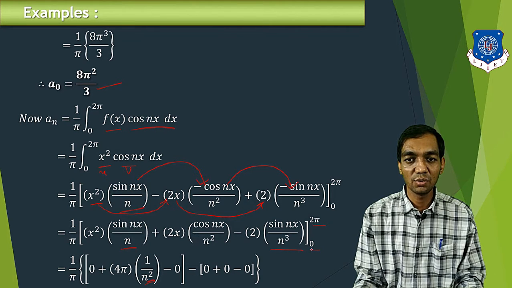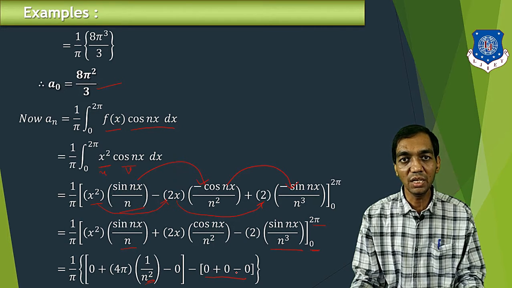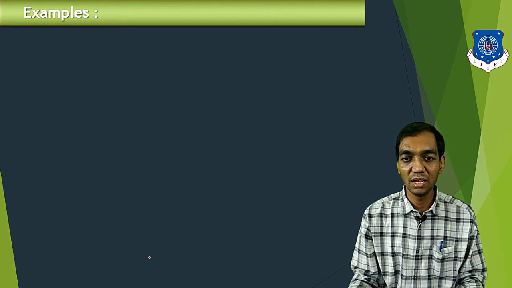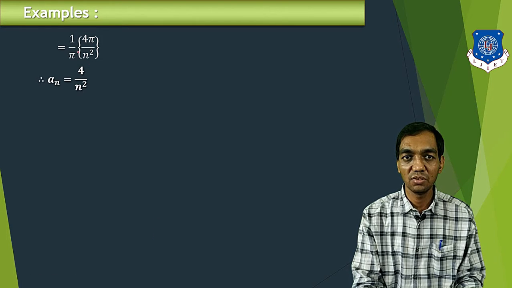And whenever you put x equal to 0, then this term is 0, this term is 0, because 0 into anything is 0, and sin 0 also has a value 0. So all the terms of the lower limit are going to be 0. So simplifying this one, you will have 1 upon pi into the bracket 4 pi upon n square. So pi will be cancelled out, and you will have 4 upon n square. So this is the value of a n.